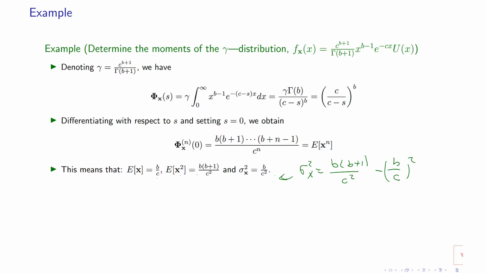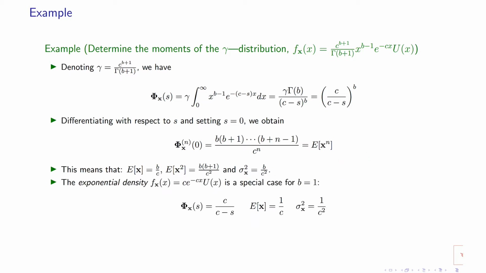Something else you may want to do is take the ln of this and expand the logarithm in terms of a Taylor series expansion, which can give you the mean and variance differently. One example of this case is where b is equal to 1.